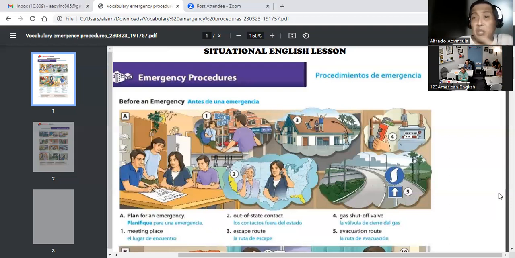Even when you're living in your house, you have to be prepared that you might not be able to go out the front door. So in this case, we could see that the people left their house through the roof. Okay, so that's escape route.